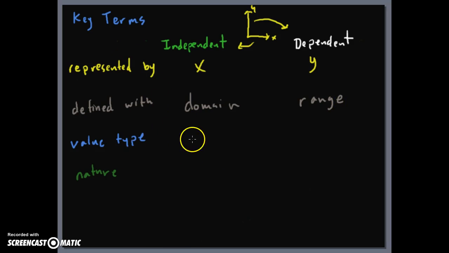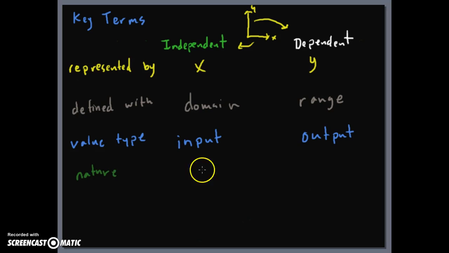And now the value type. Well, the value type for the independent variable is the input. When you put something in, you're inputting it into x, which is your independent variable. And then you get something out. It's the output of y. So the output depends on what the input is.